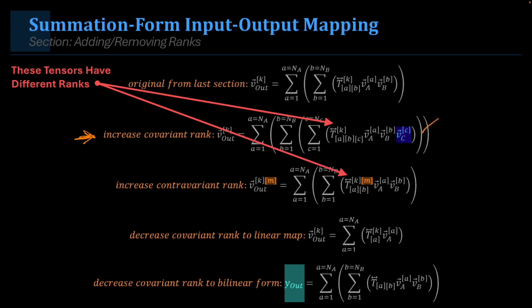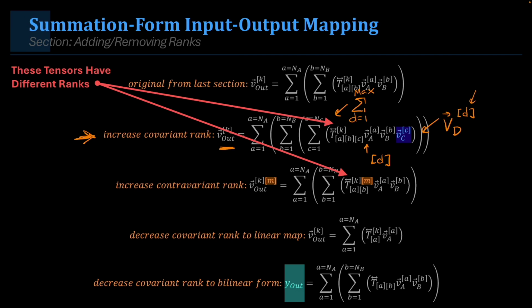Well, first we'd have to include a 4th input, which I would call VD with a superscript of D. I would have to include a new summing operator, D equals 1 to whatever the maximum is. And then finally, we would have to include a new subscript index for the tensor, which we would call D, in order to match the input.